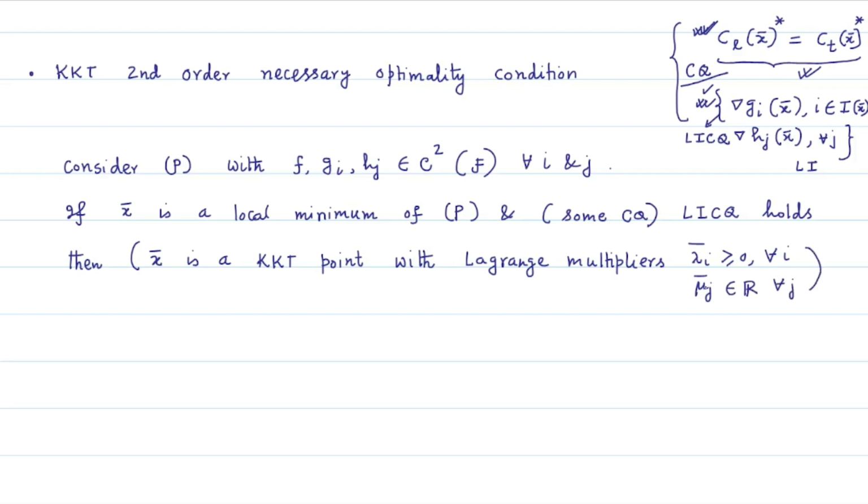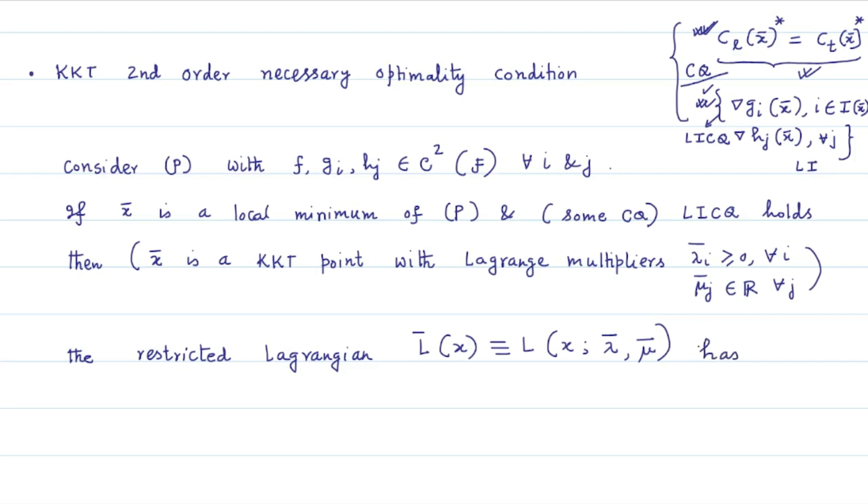With this lambda bar and mu bar, the restricted Lagrangian, the function L bar of x, which is the Lagrangian function where the values of lambda and mu are lambda bar and mu bar respectively, has a positive semi-definite Hessian at the point x bar for all directions d in C x bar.